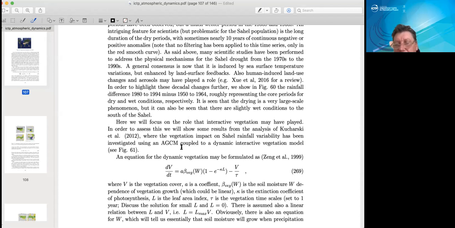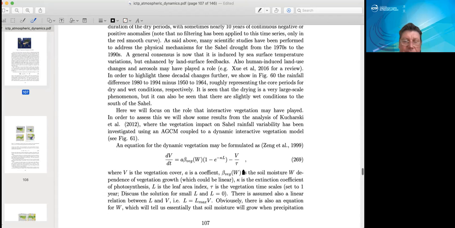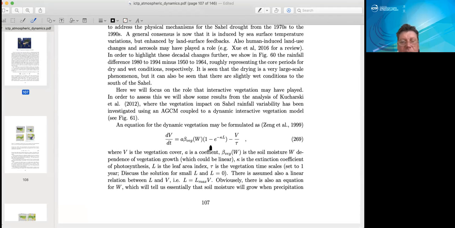But in order to understand these feedbacks, one should have an interactive vegetation model. One very simple model of this type is shown here, a simple evolution equation for the vegetation cover. Vegetation cover can be between 0, desert, and 1, which is completely covered by vegetation.